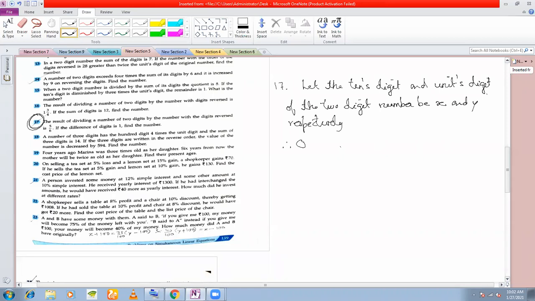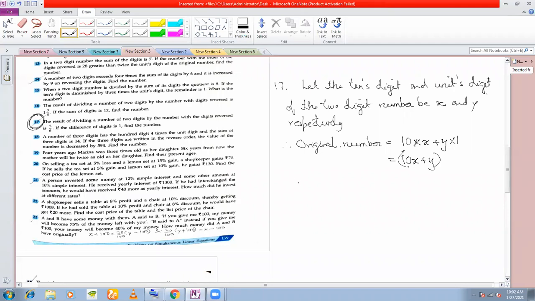Therefore, what is the original number? Obviously, in generalized representation, it must be equal to 10 into x plus y into 1, because x is the tens digit and y is the units digit. So 10x plus y is the generalized representation. This is the original number.